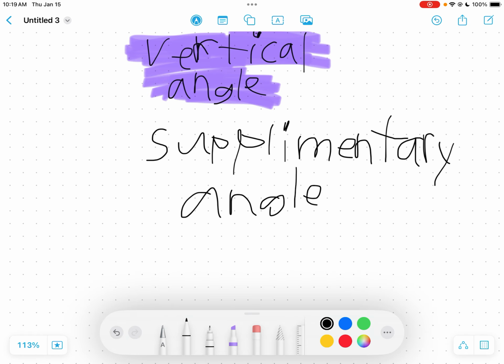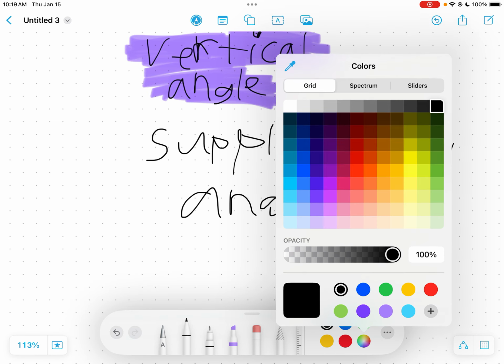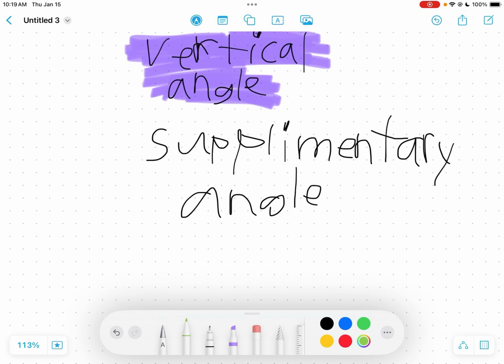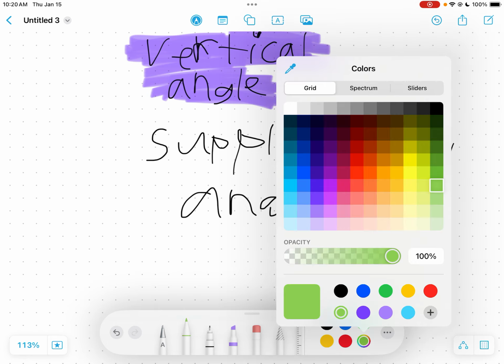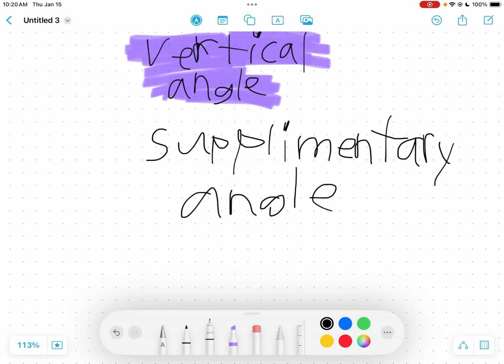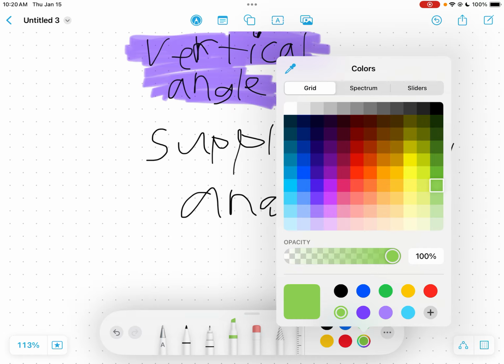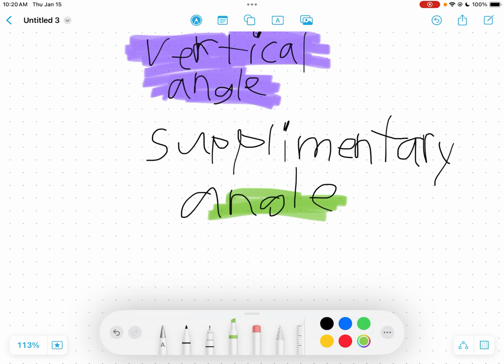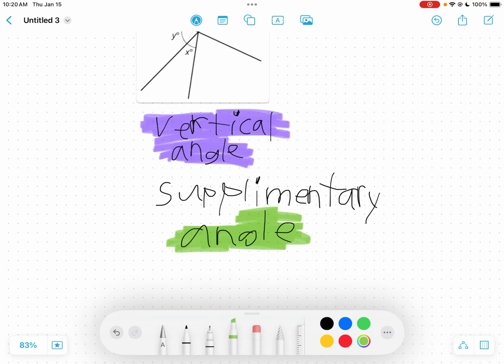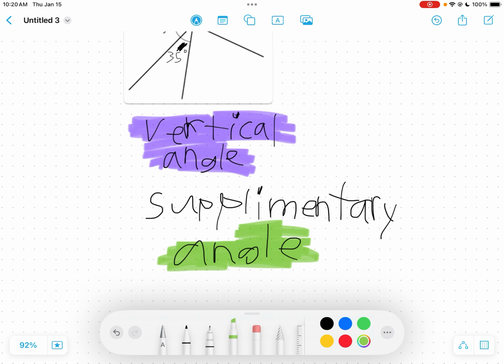Now, the reason why I say supplementary angle is because the base angle, which is the one that carries out most of the problem, is the 180-degree angle.